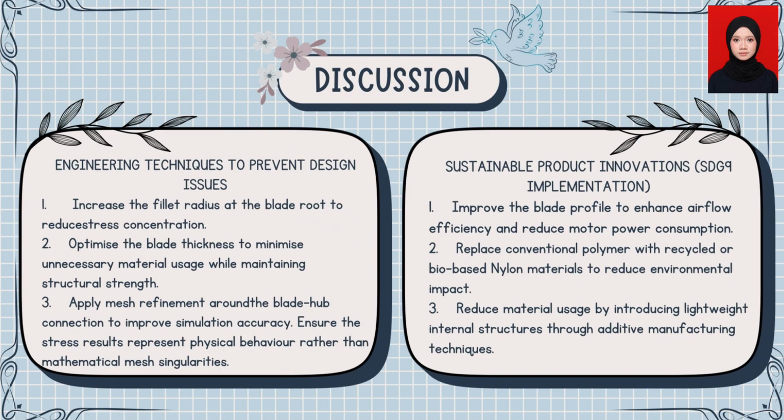The blade can also be made more efficient by optimizing its thickness, which reduces unnecessary material without affecting its structural performance. Another improvement is refining the mesh around critical regions during the simulation. This provides more accurate results and gives greater confidence in the analysis.